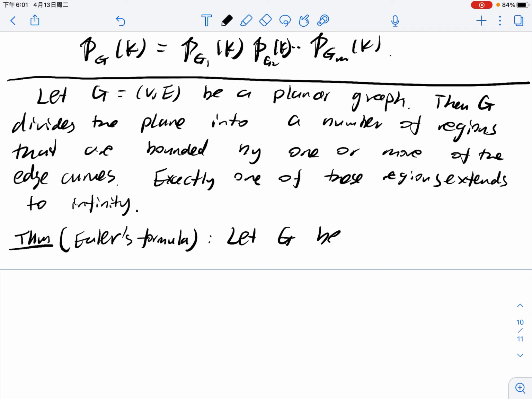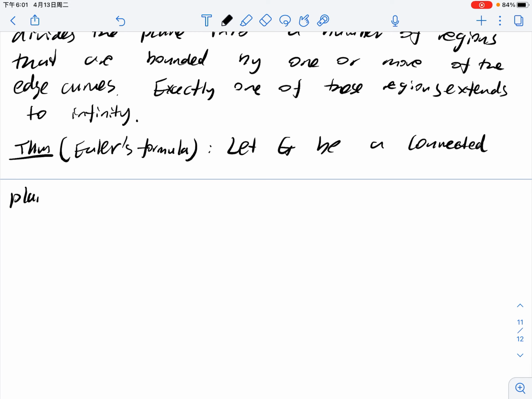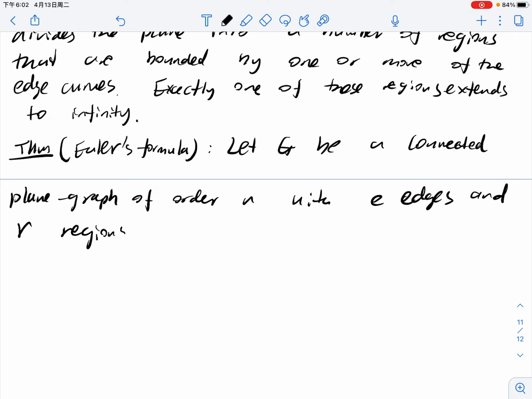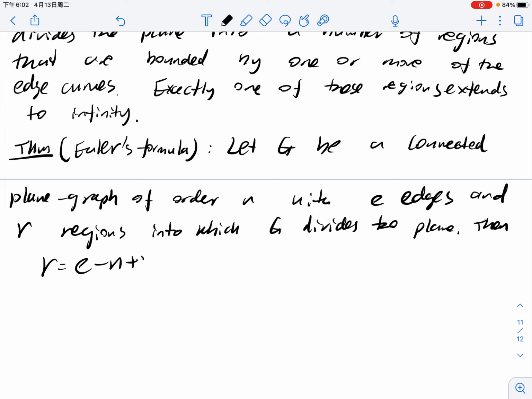Let G be a connected plane graph of order n with E edges and R regions into which G divides the plane. Then R is E minus n plus 2.